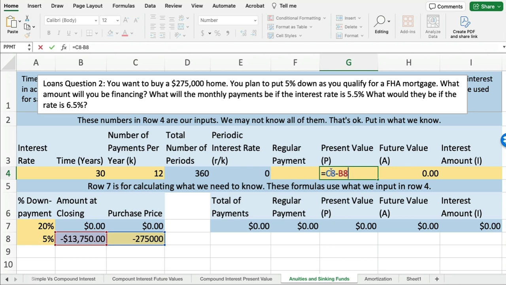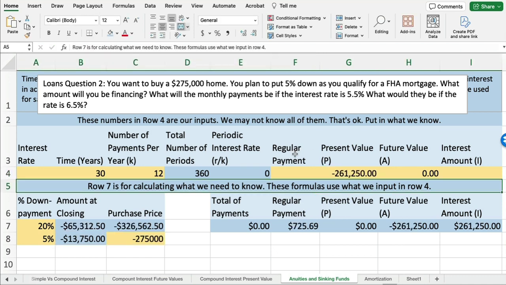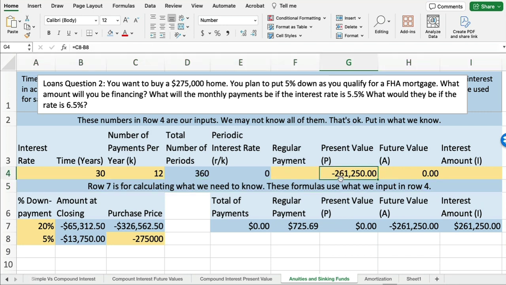So purchase price minus your down payment. We're not financing the full 275,000, we're only financing $261,250. All I did was take the purchase price and subtract the down payment from that. So that's the first part of our question.